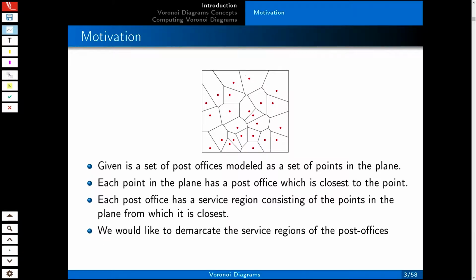For example, for this site point, all the points in this region, the closest site point is this one.